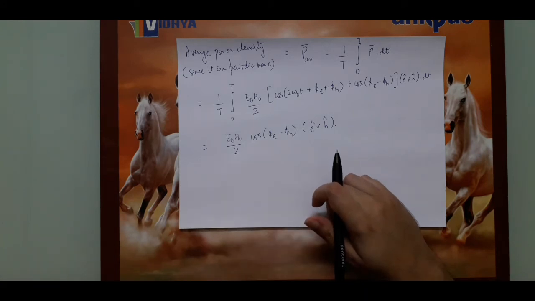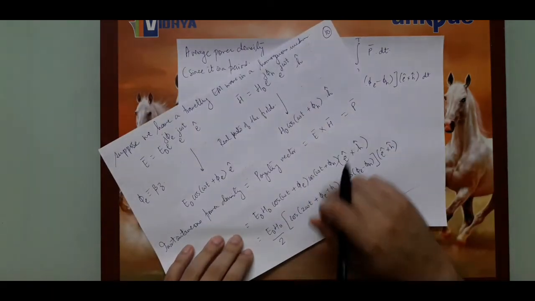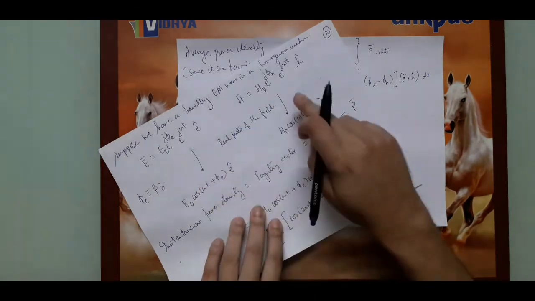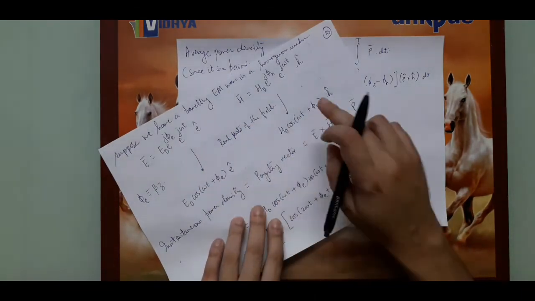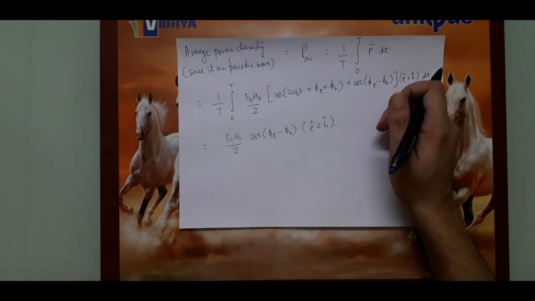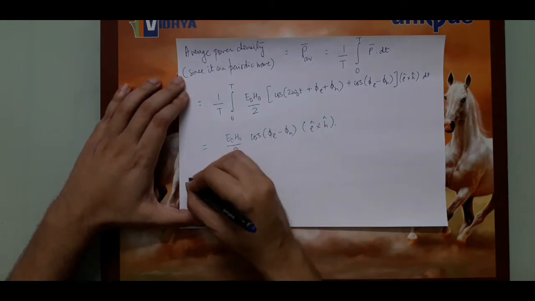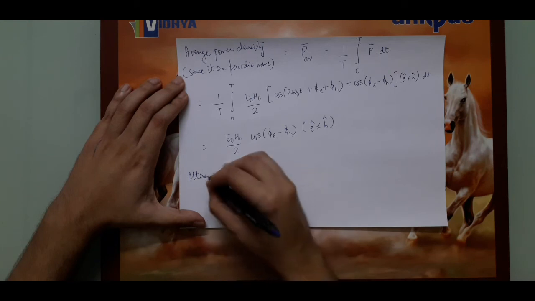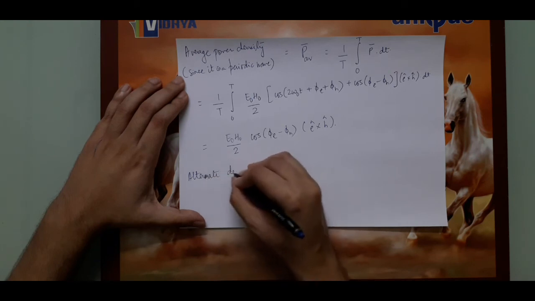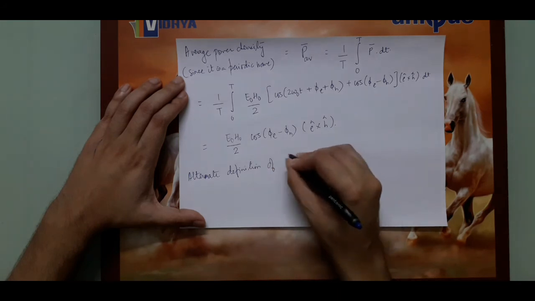So what we can do is that rather than taking the real part of the fields right away and expressing them using cos terms, we can introduce the time harmonic exponential and then take the real part of it later on. So I can say, alternate definition of the average Poynting vector.